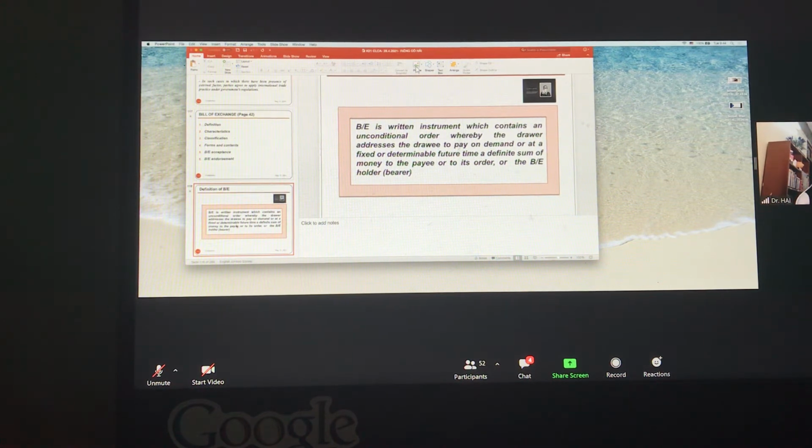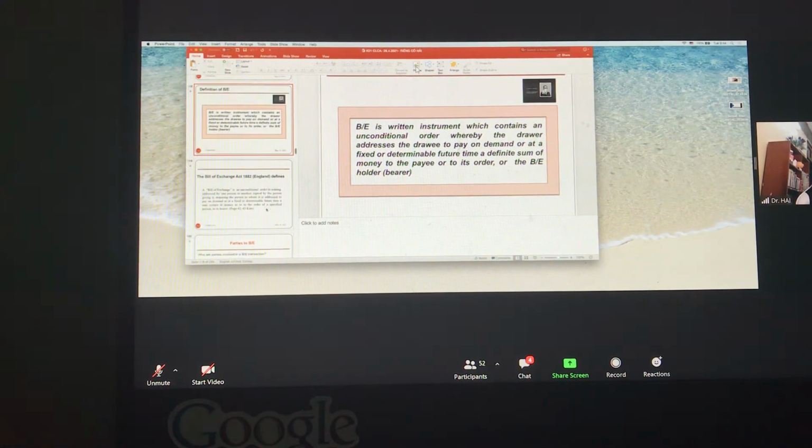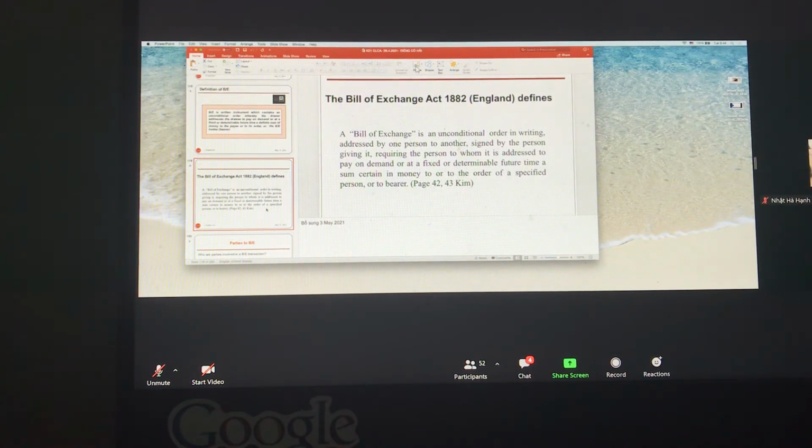Now look at the slide. You have the textbook, and then you can use the definition from the book. Look at page number 42 and 43 of the textbook you have in your hands. You have a hard copy, right? Do you have a hard copy of this book? Yes, we have. Okay, so look at page number 42 and 43.